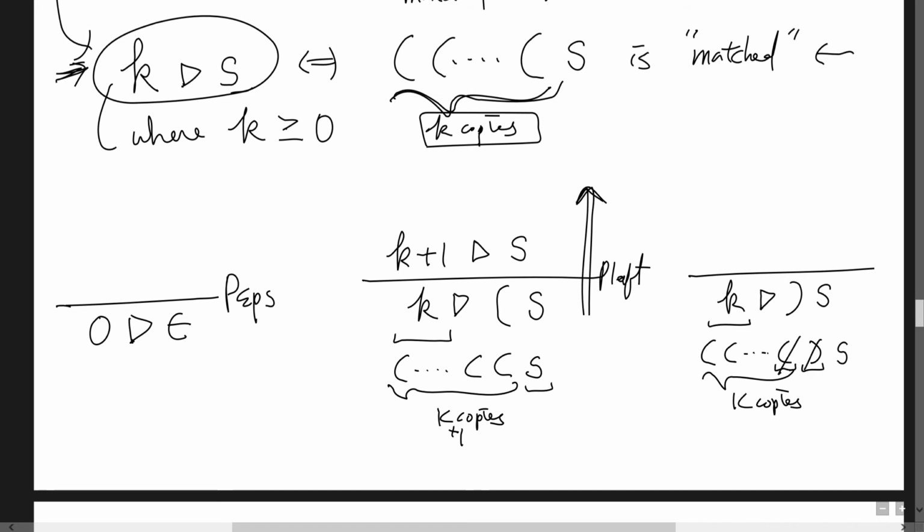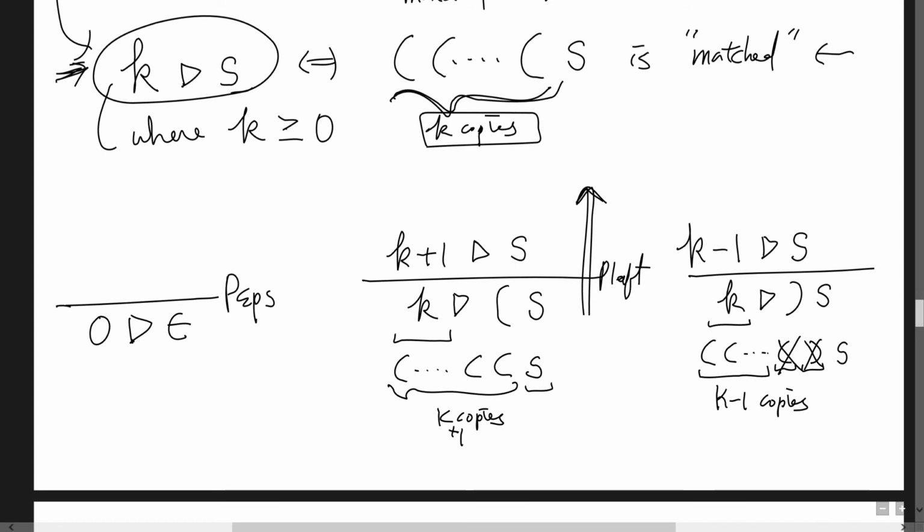Once we cancel these two, we are left with K minus 1 copies. So the problem now reduced to K minus 1 triangle S.